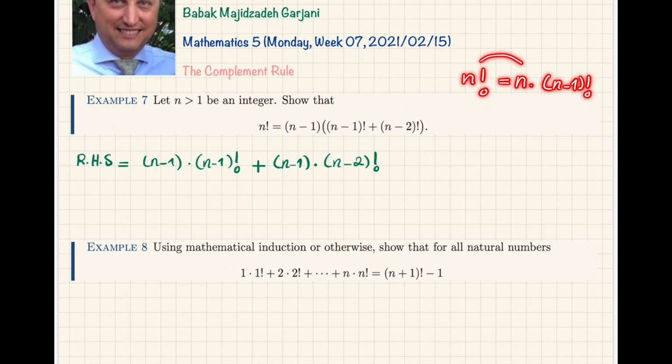So this is two-sided. If you want to, you can decompose a factorial into a product like this on the right hand side. Or if a product of this type is given to you, you can collect it back into one single factorial.